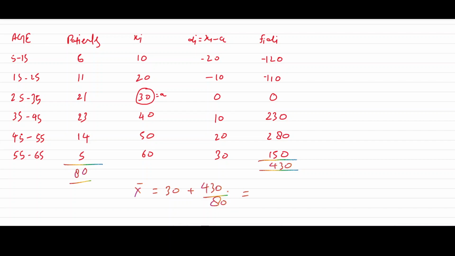We first solve it, then this will be 30 plus 5.375. What will we get? We will get 35.375. This is the mean of the given data.